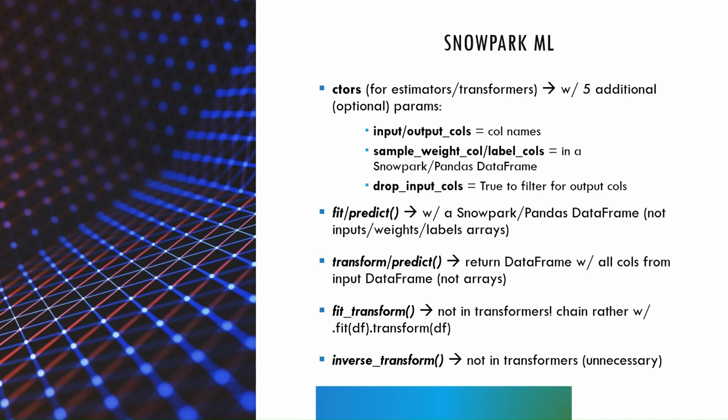So we used to use NumPy arrays, but they try to focus definitely on Snowpark data frames right now. Fit_transform is not used; rather, use fit followed by transform using dot notation. And also, inverse_transform was judged as unnecessary.